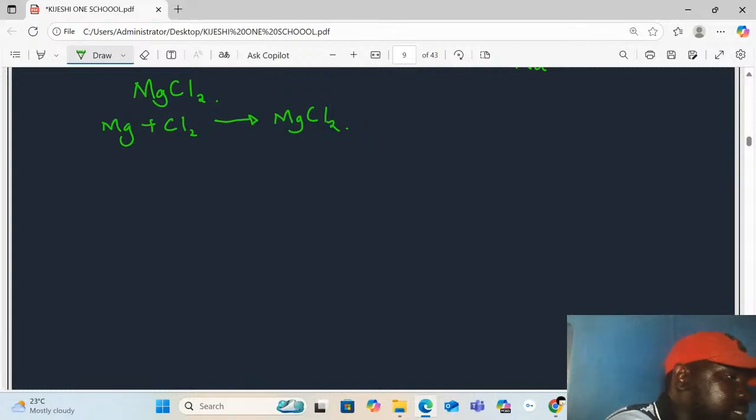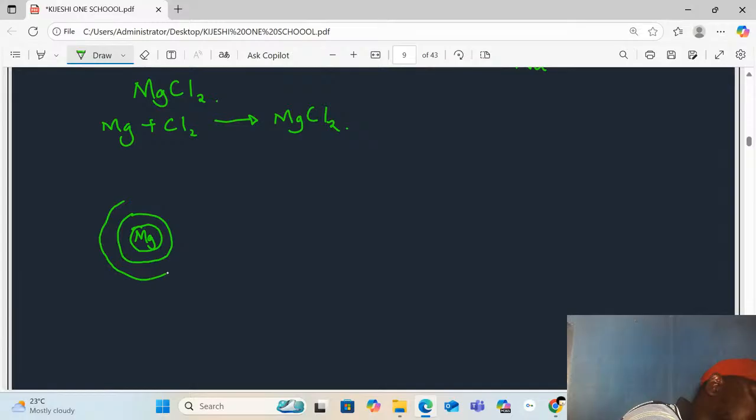It is well balanced. Magnesium is number 12, so we can draw its structure with 3 energy levels. The first energy level has 2, the second has 8, and the last has 2.